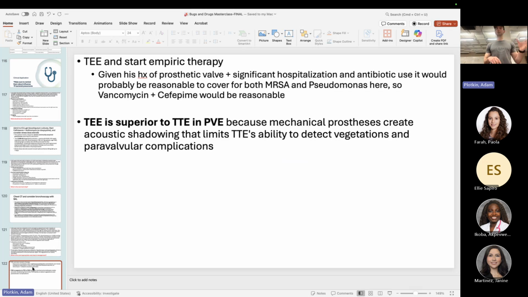What do we want to use antibiotic wise? If we've gotten blood cultures, hopefully those will grow something. We're going to get the TEE. What do we want to do antibiotics wise? Ceftriaxone? What do you think about his hospitalization history?